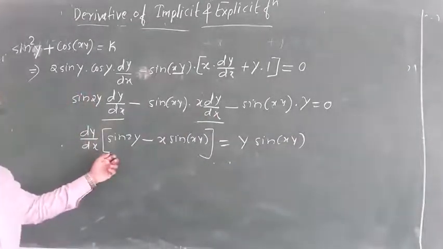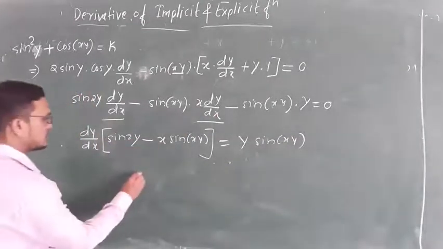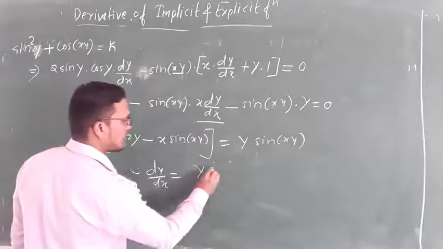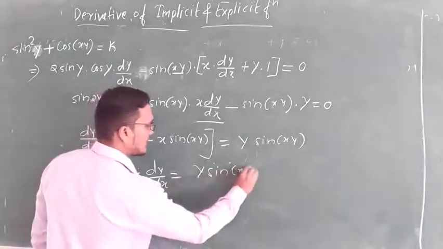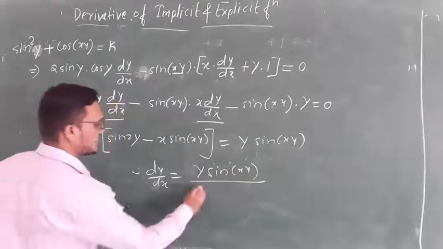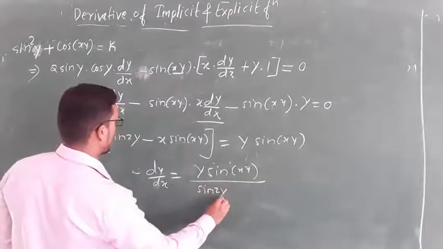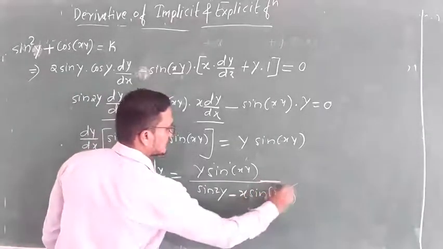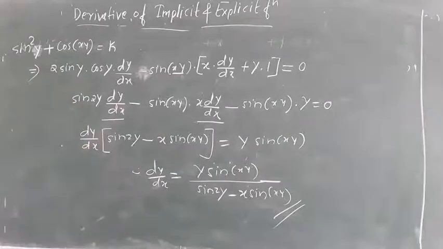Now here it is multiplying, transfer to that side it will divide, so therefore dy by dx is equals to y sin of xy divided by sin 2y minus x into sin of xy. This is the answer.